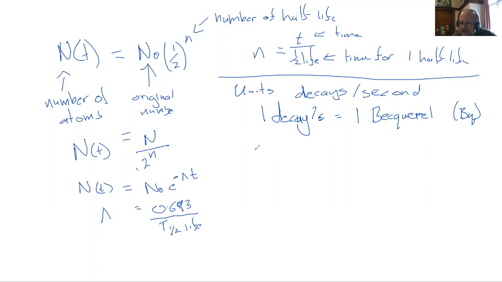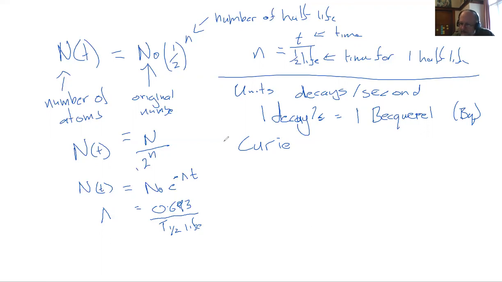Another unit that we use is the Curie, named after Madame Curie, who played around with a lot. Now 1 Curie is equal to the radioactivity of 1 gram of radium. If you have a radio and you put the antenna next to the 1 gram of radium, you can certainly hear it. Sounds like that, hence radioactivity.